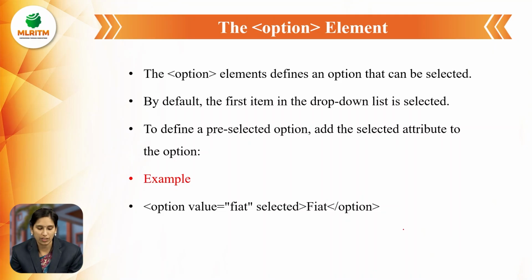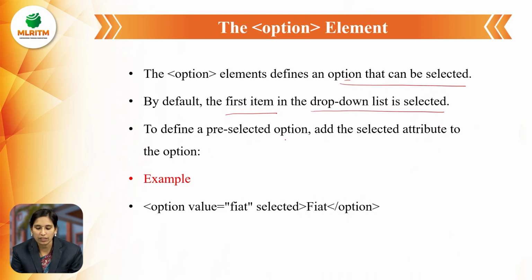Next, the option element. In the previous example, we used the option element. The option element defines the options that can be selected. Whatever options we have to select should be defined by this option element. By default, the first option in the drop down list is selected first.